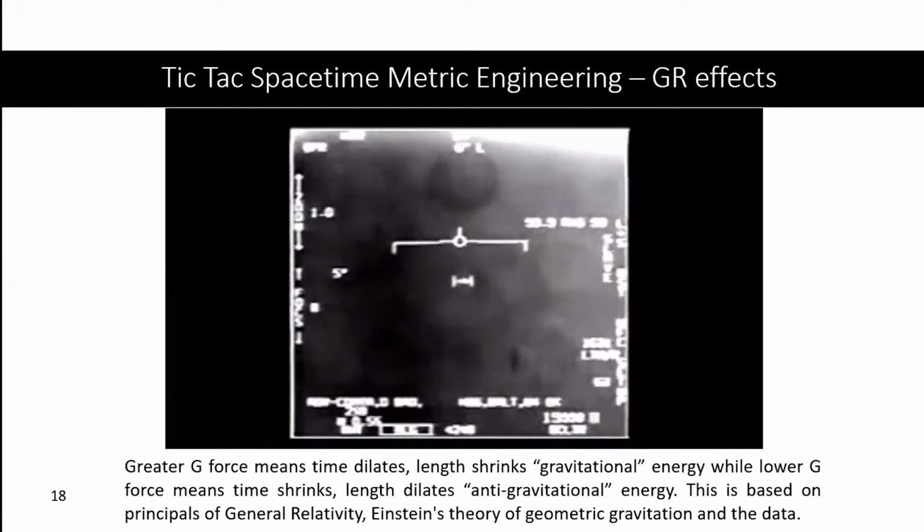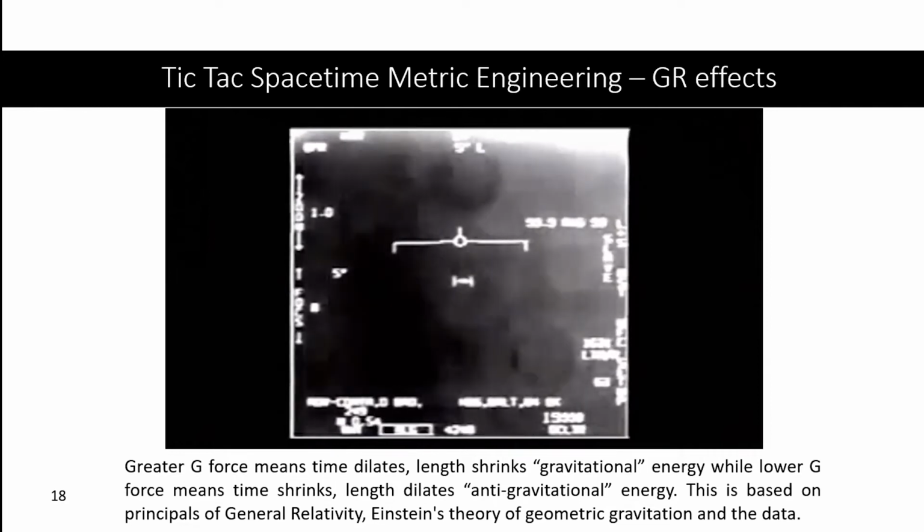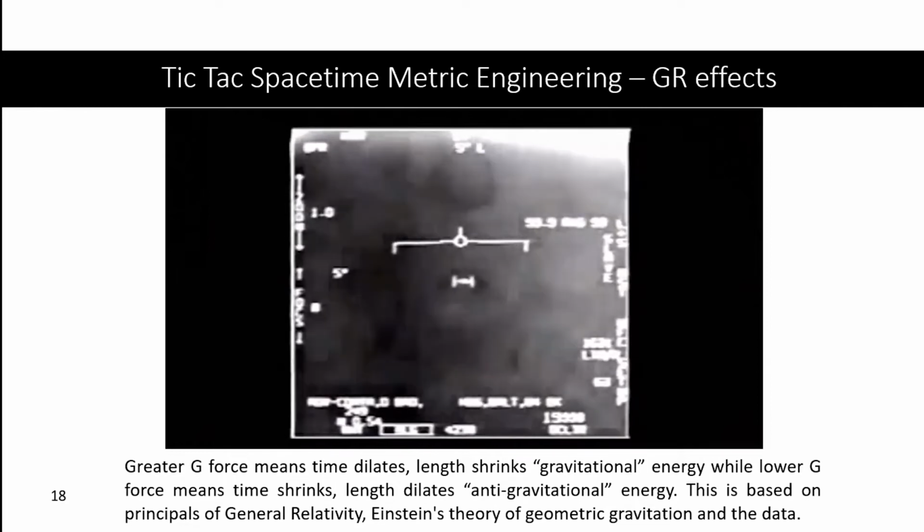This is based on the principles of general relativity, Einstein's theory of geometric gravitation, and the data. And here we see some data that shows this. We see denser space-time here, and we see expanded space-time here, as I'll explain in the next slide.